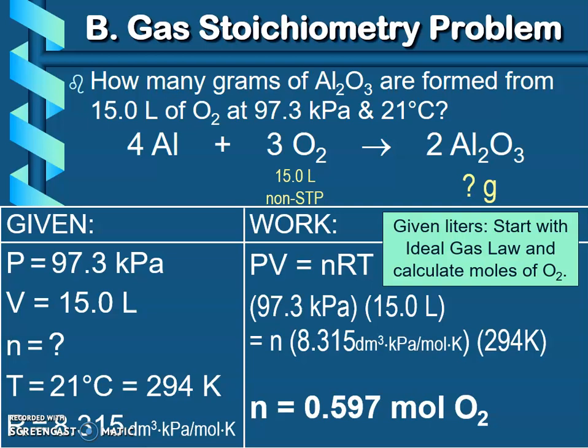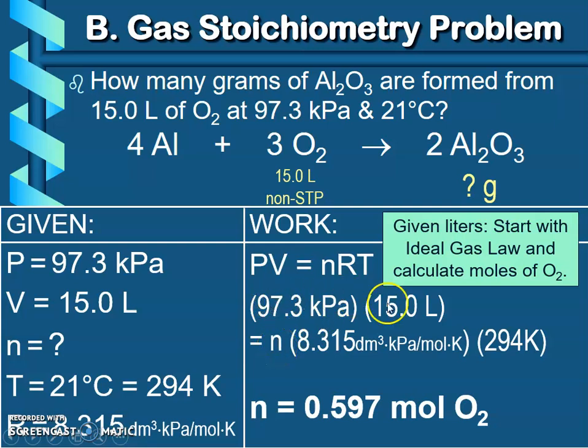Luckily, liters and decimeters cubed are a direct conversion. With gases, liters and decimeters cubed are equal. So even though I was given liters, that is the same as decimeters cubed. Okay, so we can write decimeters cubed in our problem. And just like before, we're solving for n, so the steps are a little bit different.